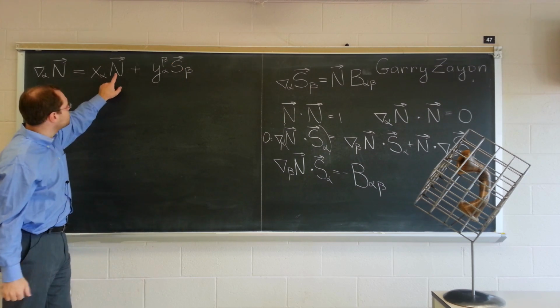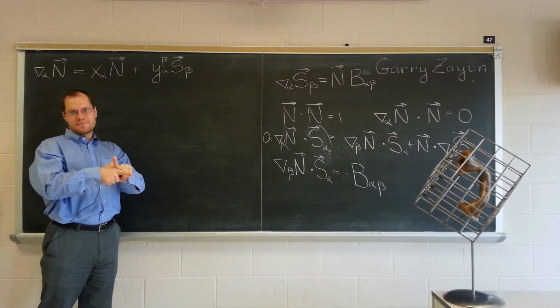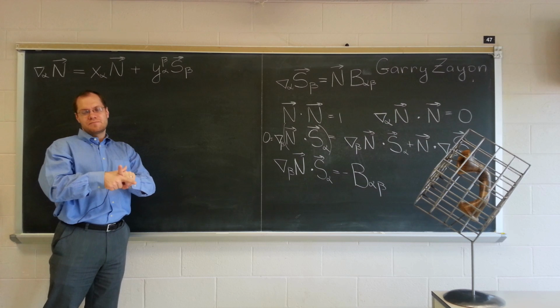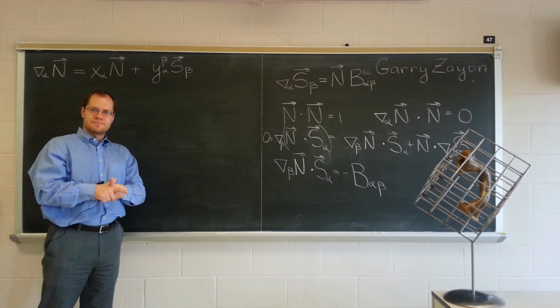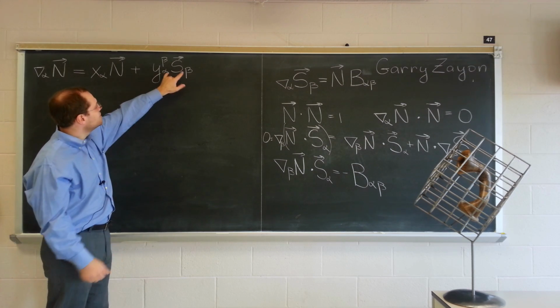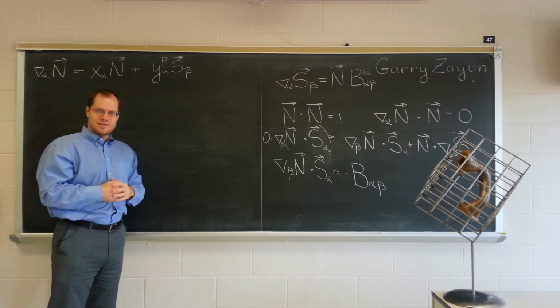These 3 vectors, this one and these 2, form a basis at any point on the surface, not just for the tangential space but for the 3-dimensional space. These 2 take care of the tangent space, and this one takes care of the remaining dimension.